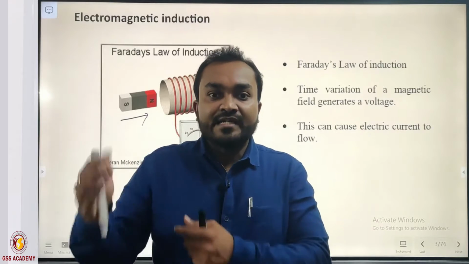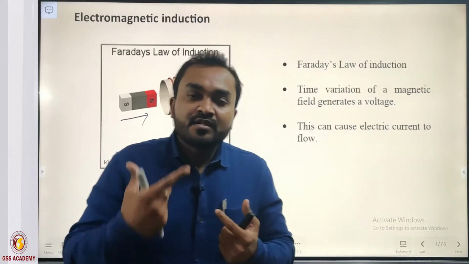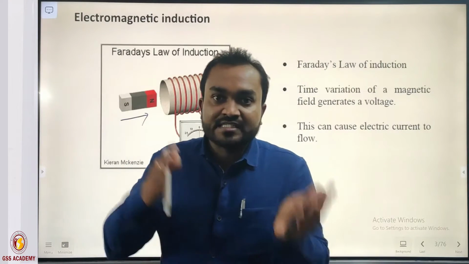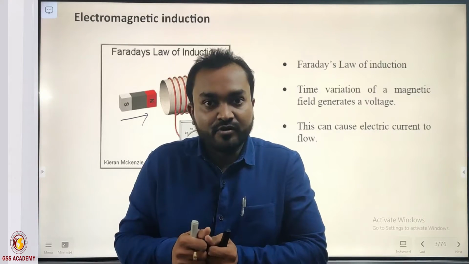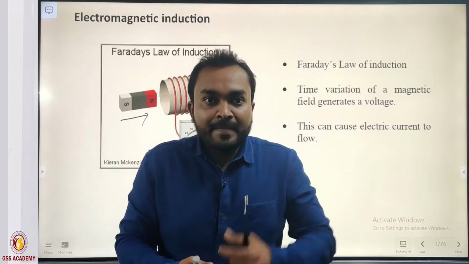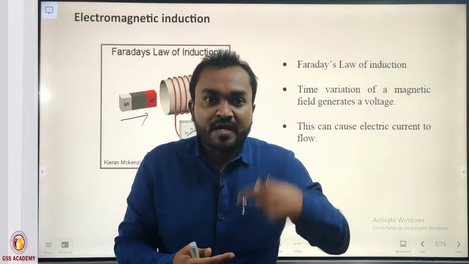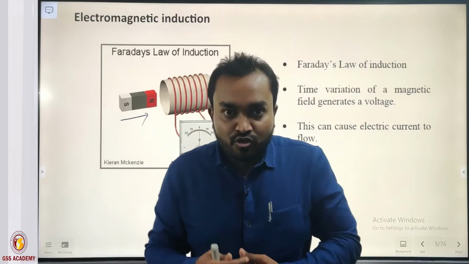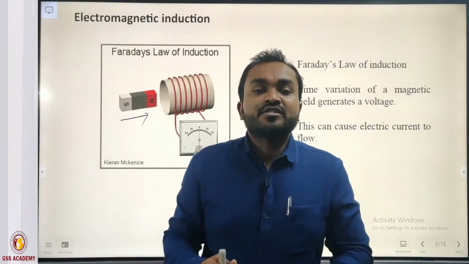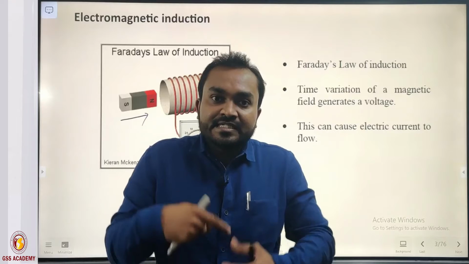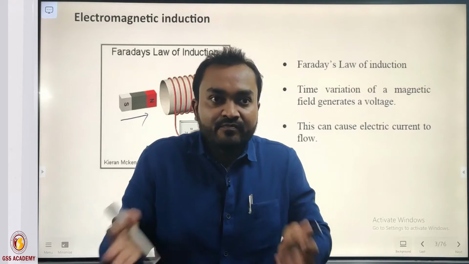Maxwell was a scientist, and at that time he gave 20 equations that describe the properties of electromagnetic waves, but these were reduced to 4 equations. That was done by a German physicist called Hertz. But we call these 4 equations Maxwell's equations. These 4 Maxwell's equations describe electromagnetism.